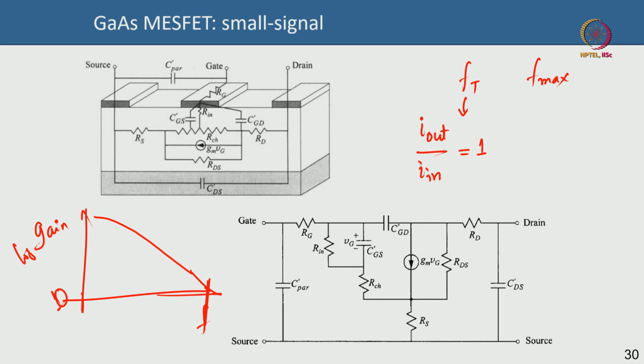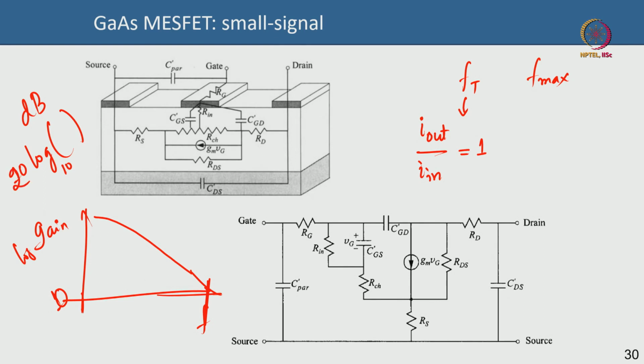Okay. That also reminds me that in microwave engineering, dB is very important. Okay. dB is actually a gain or a ratio. And what it means is that if you are talking about power, then it is 10 log of that ratio. If it is a current or a voltage, then you are talking about 20 log of that ratio.